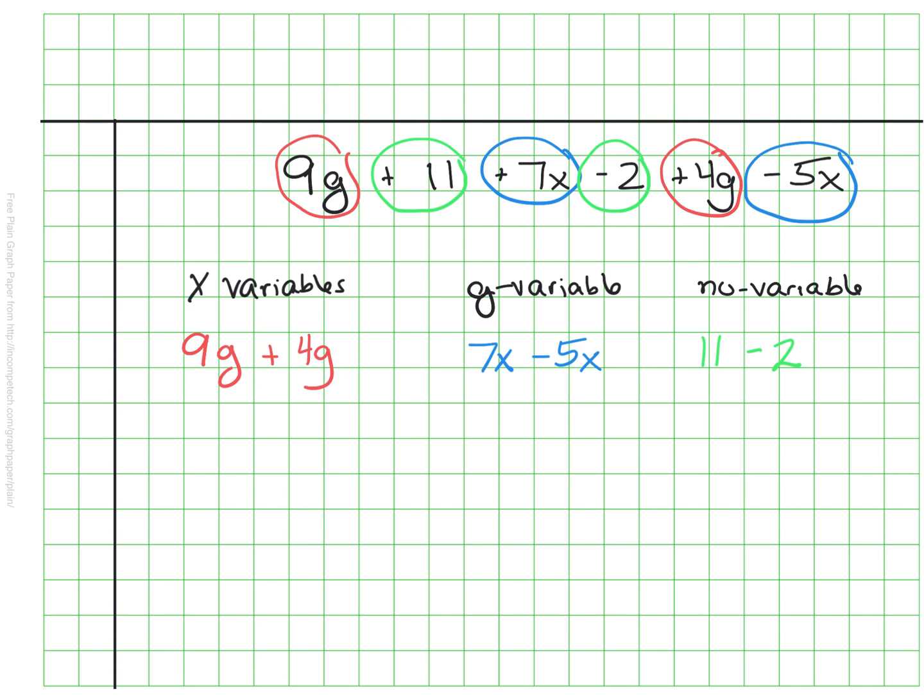That helps me as I get ready to combine. The 9g's and the 4g's combine to make 13g's. The 7 x's, if I take away 5 x's, 7 minus 5 is 2, so I end up with just 2 x's to add on. And 11 minus 2 in my no variable group is 9, so I'd end up adding 9. So this long expression just becomes 13g plus 2x plus 9.